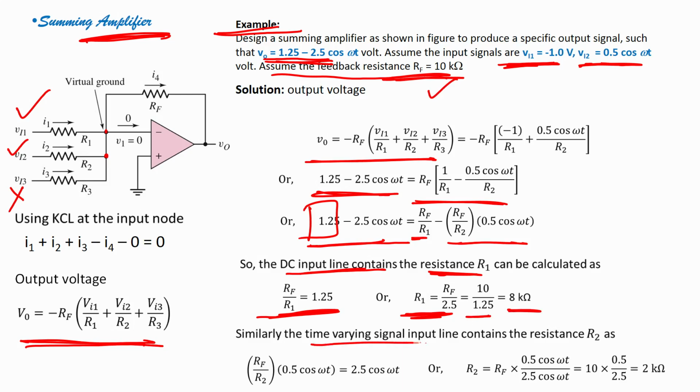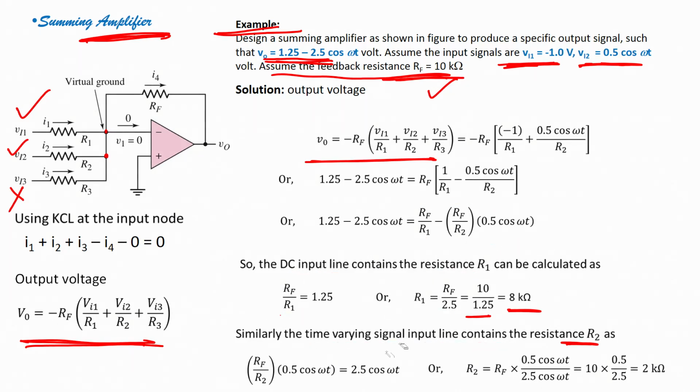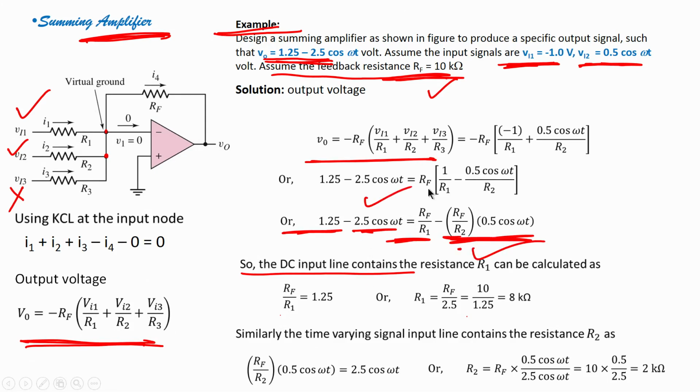Similarly, the time varying signal input line contains R2, right. The point you have to understand is that when you are considering the DC input line, it contains this value, but the time varying signal contains this value, which will have 2.5 cos omega t.